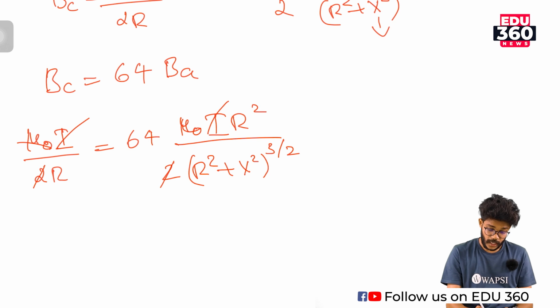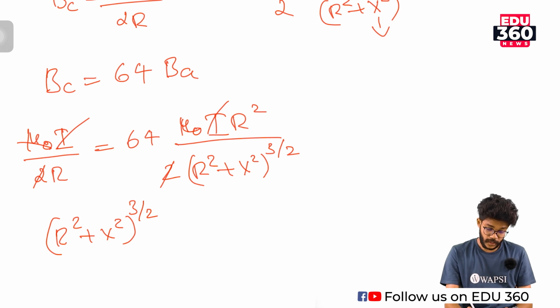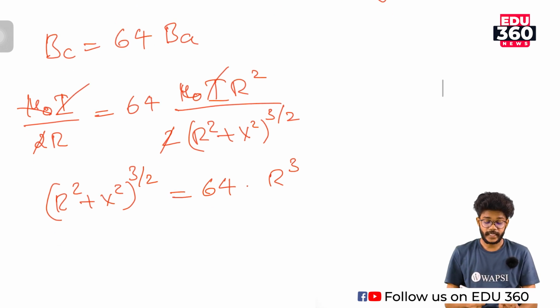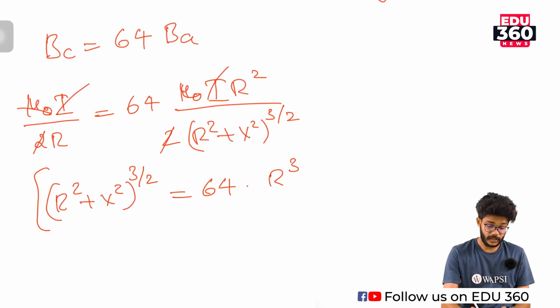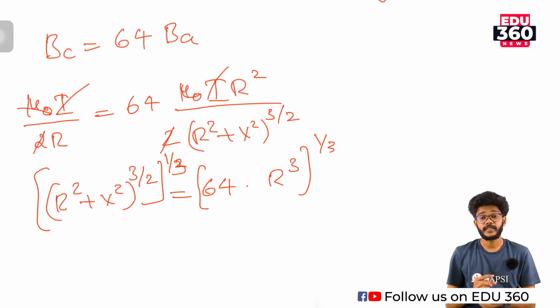Okay, so (r² + x²)^(3/2) is equal to 64 r³. Taking the 1/3 power on either side of the equation, we can cancel the cube powers.